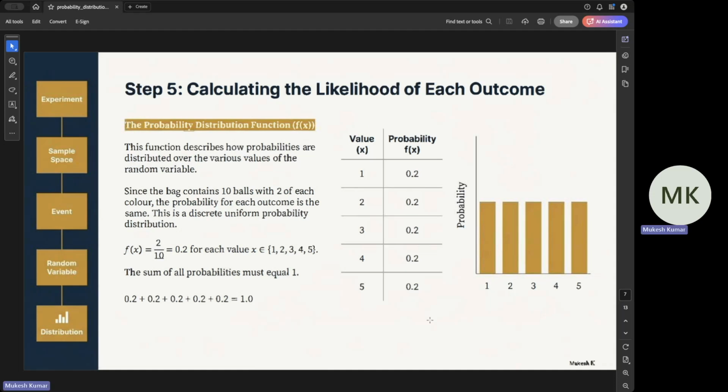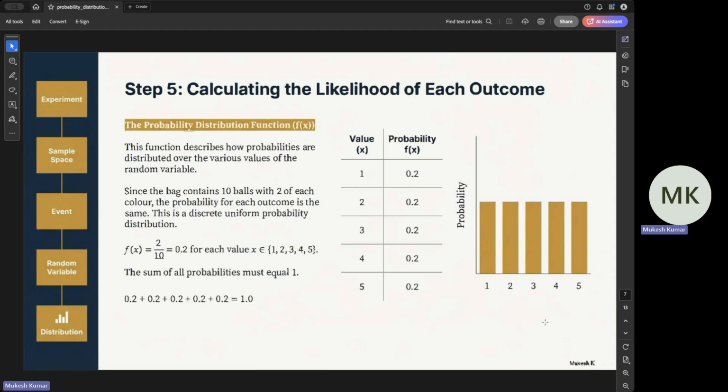In the event of drawing a ball which is red in color, we can refer to the probability density function, and we can say that the probability of the outcome of the ball being red is 0.2.